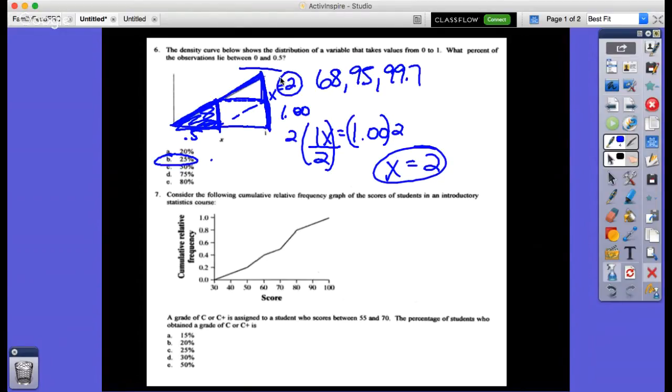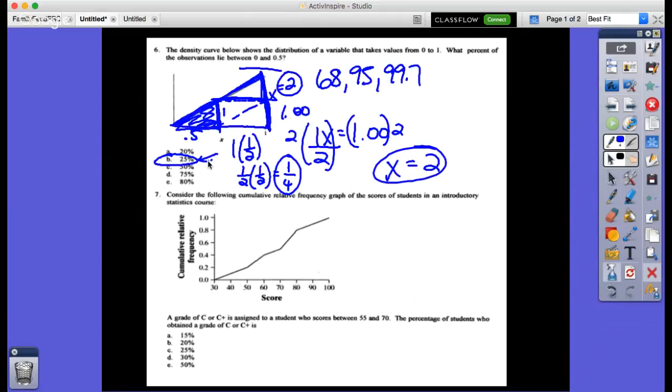However, this right here is halfway between, right? So if I'm trying to find the area of the blue section, this isn't going to be 2, this is going to be 1, right? So 1 times 1/2 is 1/2, but since it's a triangle, I divide it by 2, which would be 1/4, which is 0.25.